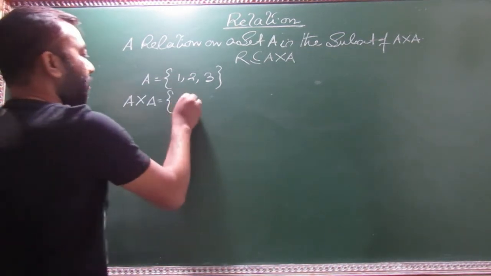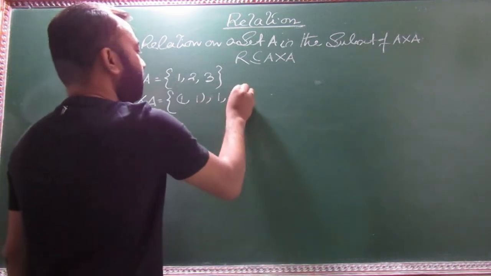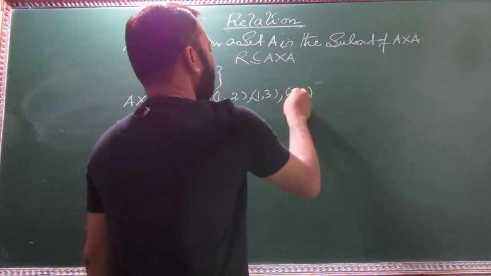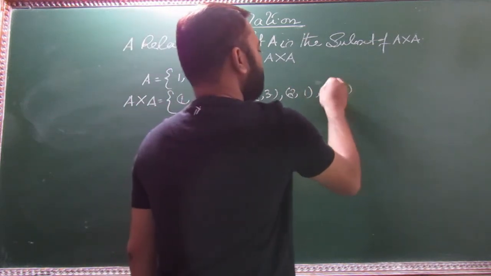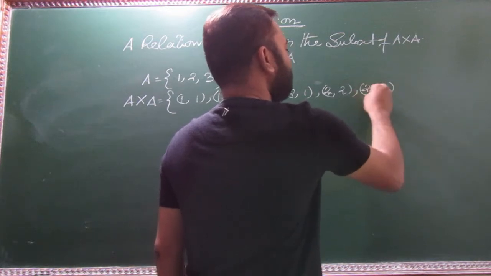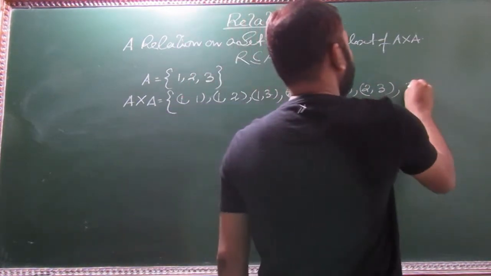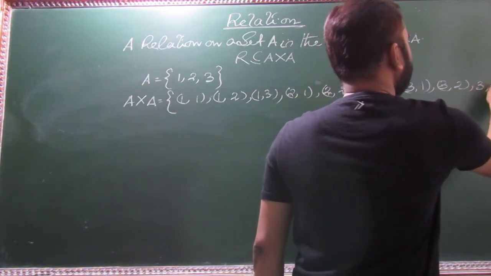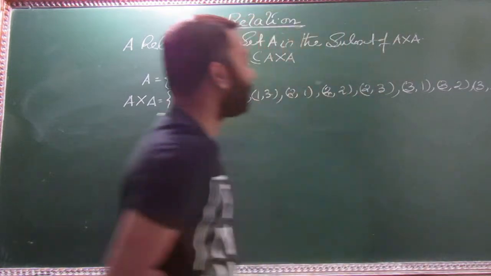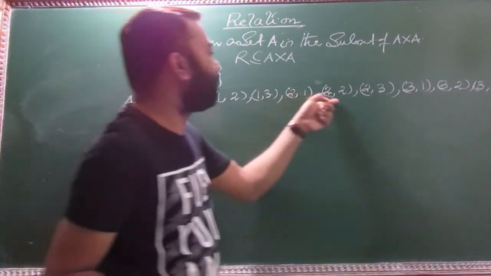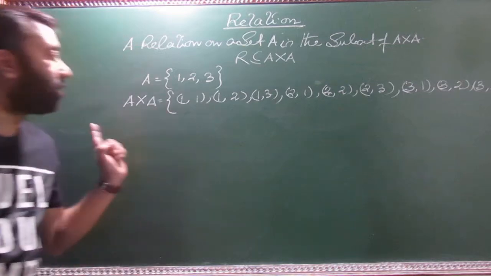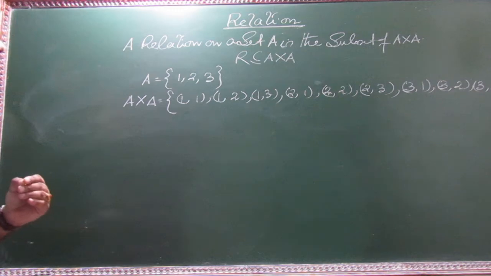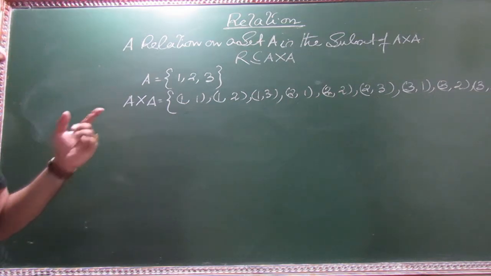A cross A is (1,1), (1,2), (1,3), (2,1), (2,2), (2,3), (3,1), (3,2) and (3,3). That is 9 elements. That is A cross A. Done. Now, how can I write the relation?